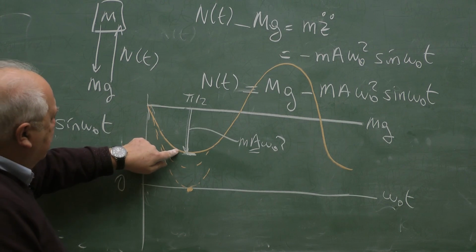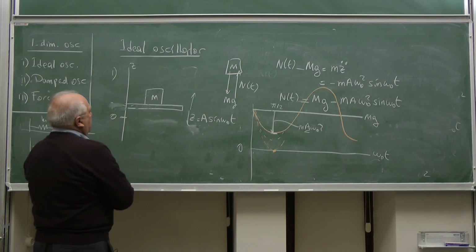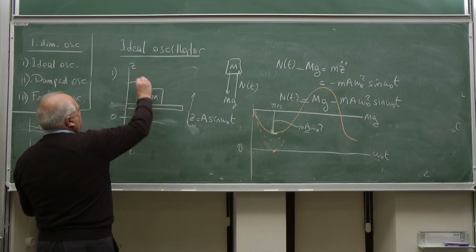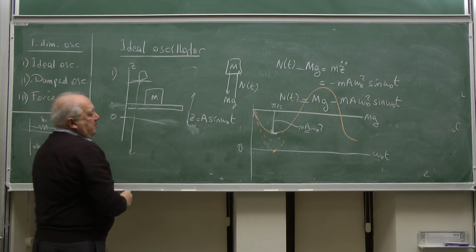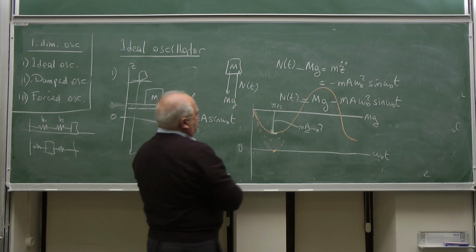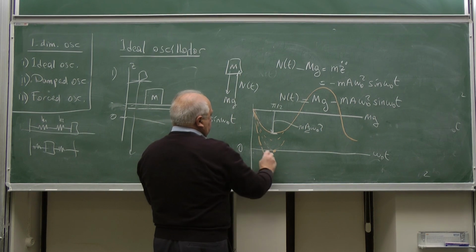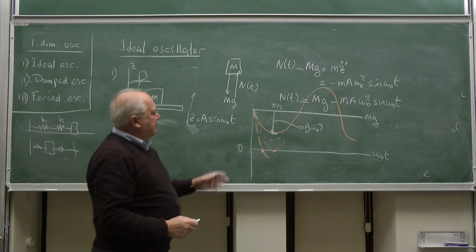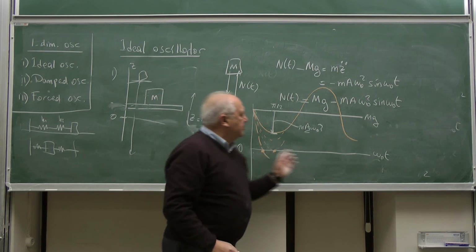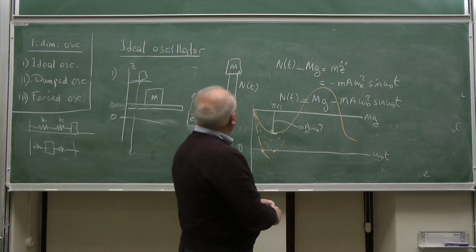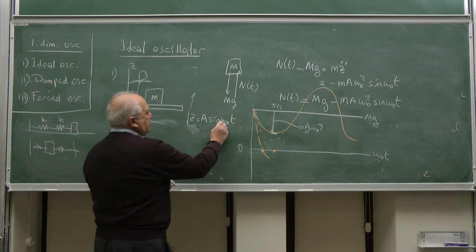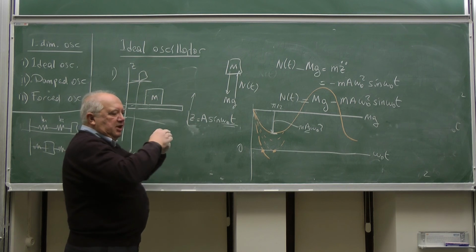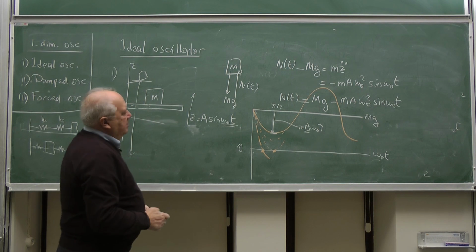It will first depart when it is at the top of its travel here, A. But if A was larger, then it may come here, then it will depart from the platform at this value of omega 0 t, and putting z equal to a sine omega 0 t, putting that value, we can find at which value the block flies away from the platform.